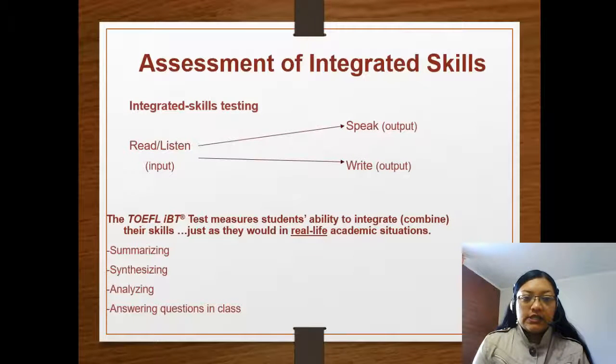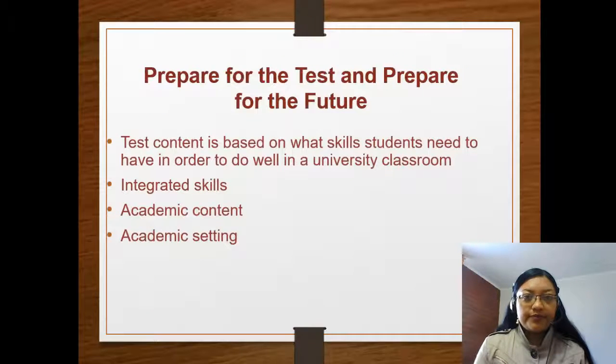The TOEFL IBT test takes into account the student's ability to integrate reading and listening, right, as if you were in a real academic situation. So for that reason, it is necessary to work on summarizing, synthesizing, analyzing, answering questions in class. Like, for example, if you are exposed to that context, how would you react? How would you perform in an academic setting at a university graduate level?